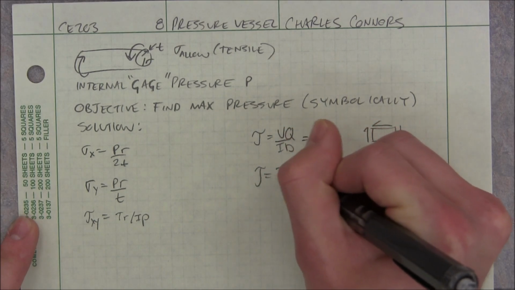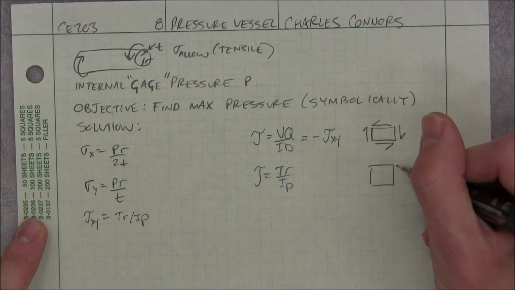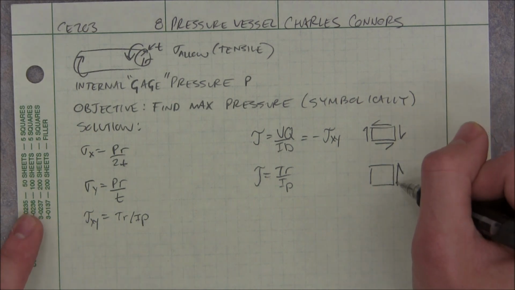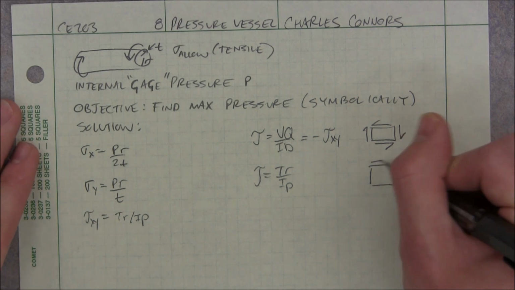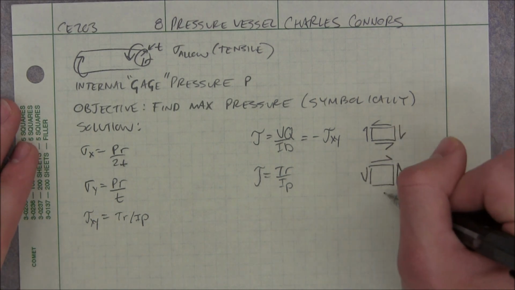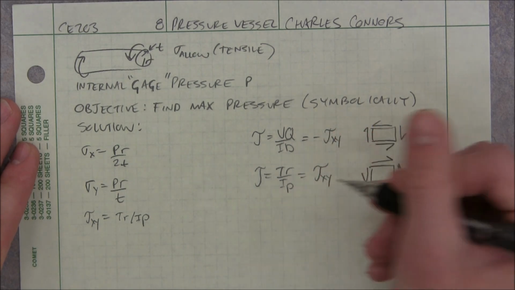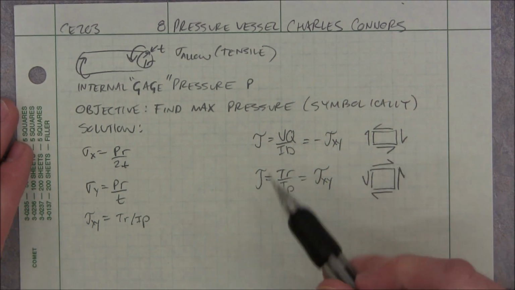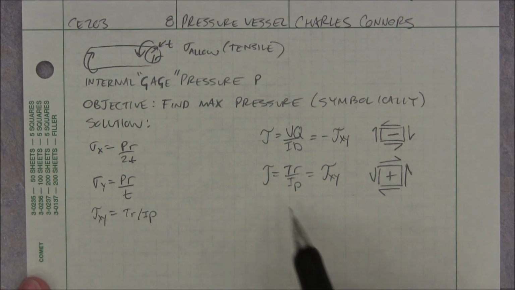However, TR over IP is defined for the right side of our element being in the positive orientation, which also happens to be a positive tau xy. So that's a possible sign error if you don't get that straight. So negative tau xy, positive tau xy.